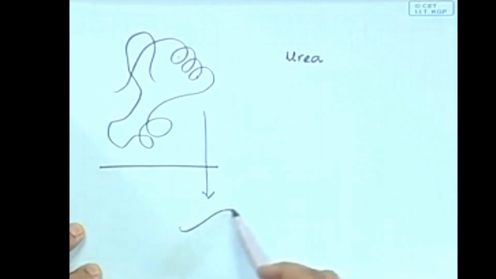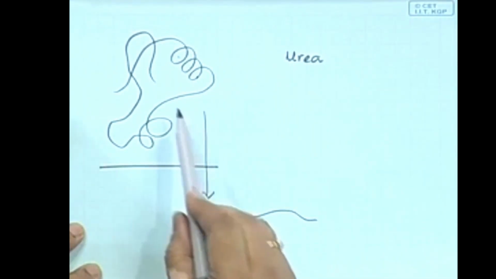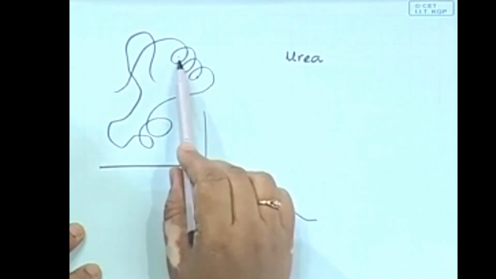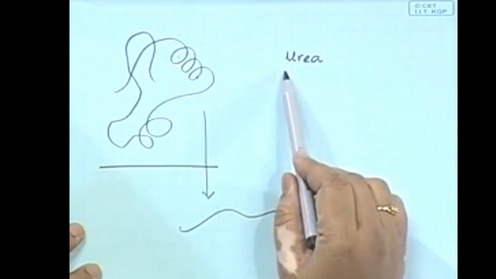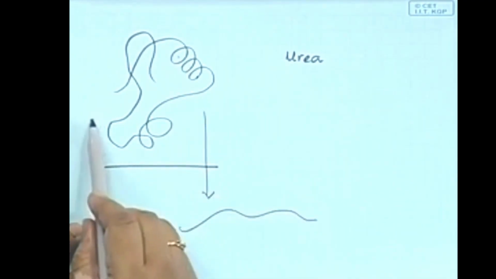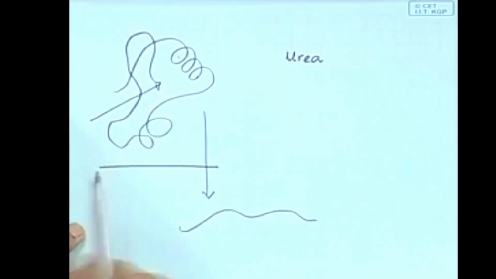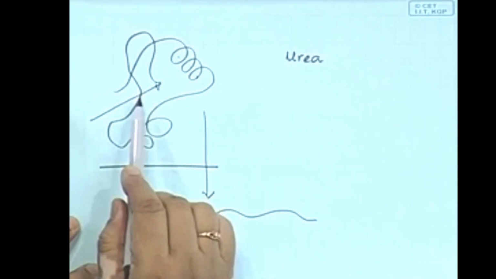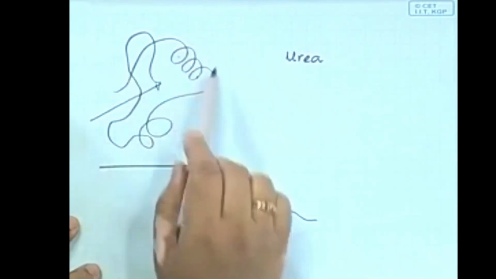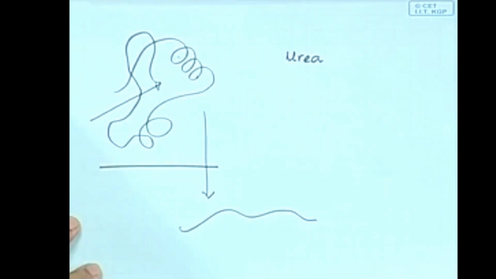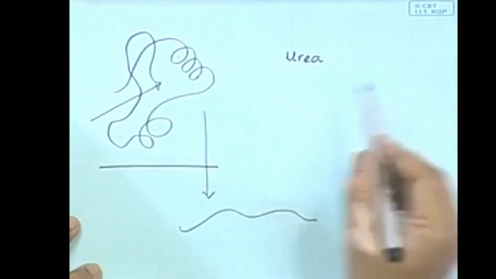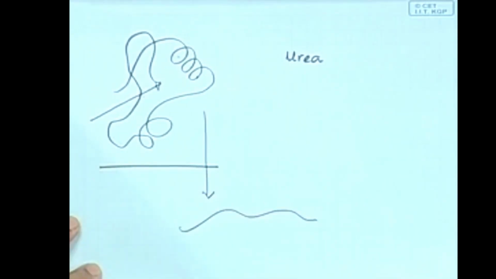It is going to open up the helix, right? Because the hydrogen bonds that were present here would preferably form with urea. So urea sort of gets into the protein structure, disrupts the interactions that were holding the folded polypeptide chain together, right? Now, what happens if I heat it?